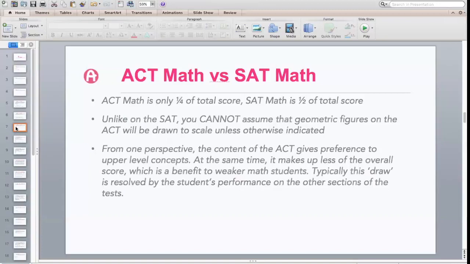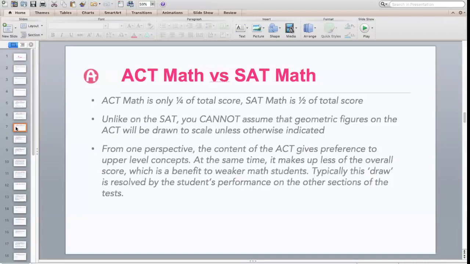But at the same time, the ACT math section makes up less of the overall test, which is also a benefit to a weaker math student, because if to a certain degree the student is claiming that they're going to do horribly on math, then there is the benefit of trying to minimize the damage that the math section can do, which is significantly less damage on the ACT than on the SAT.